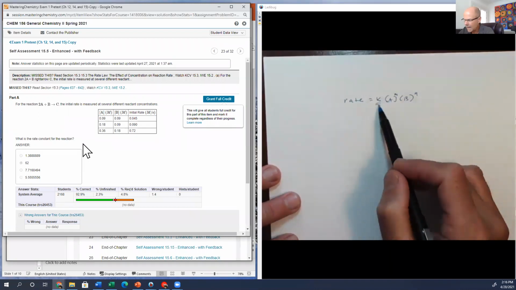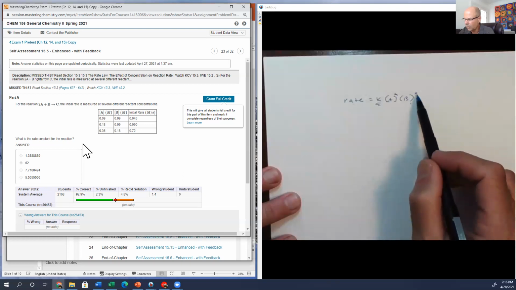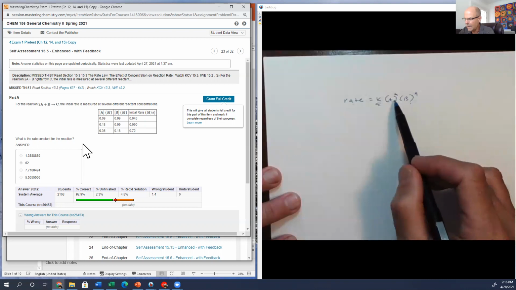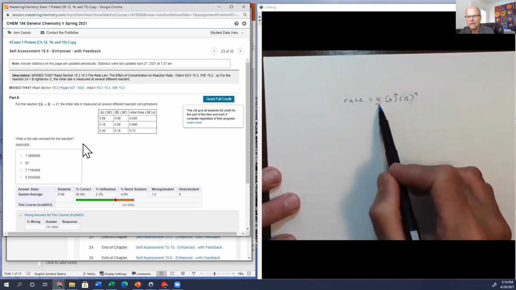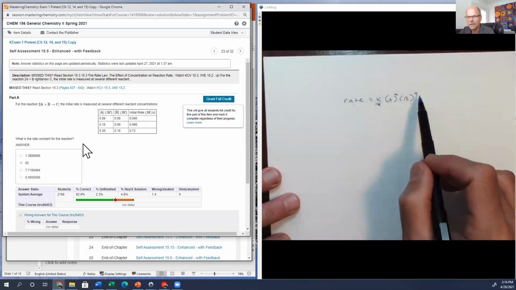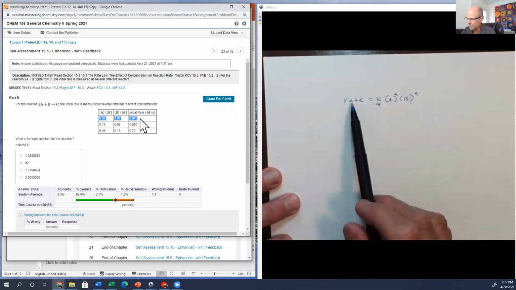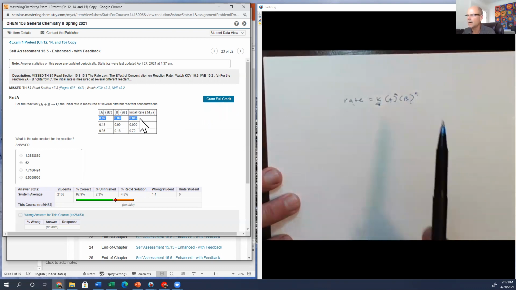In order to get K, as long as you know the rate at two different concentrations, and as long as you know the order of those two different reactants, you can solve this equation for K, right? If you know this, and you know this, and you know this, and you know M and N, right? So here in the data table, you have instances of all three of these: rate, concentration, concentration, right?